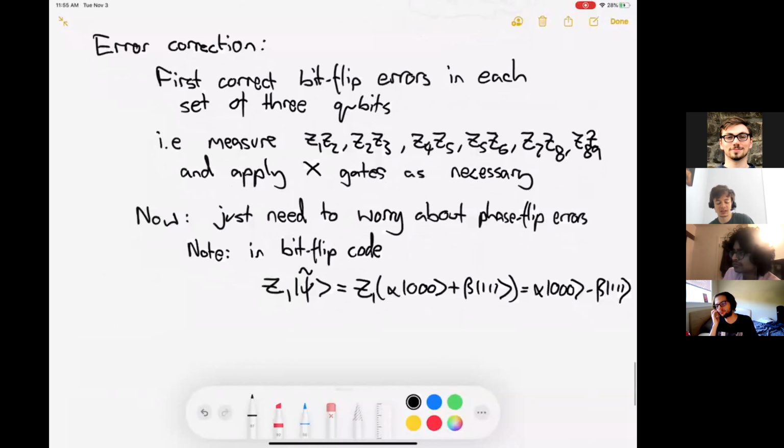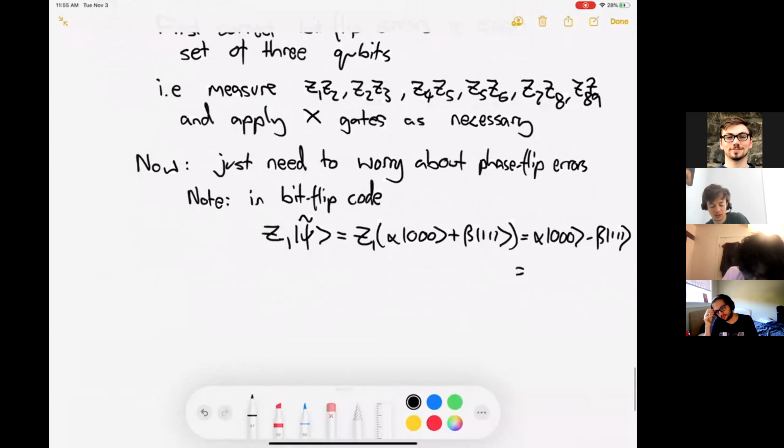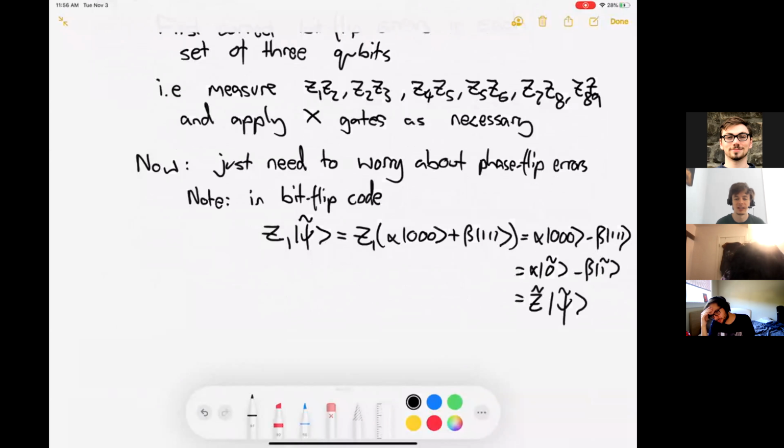Okay, so what is that? That's just equal to alpha 0 tilde minus beta 1 tilde. It's just a Z operator, we'll call Z tilde, acting on the logical state psi tilde. Right, so a physical Z operator acting on the first qubit does the same thing as first applying a Z operator to the logical qubit before you do the encoding.